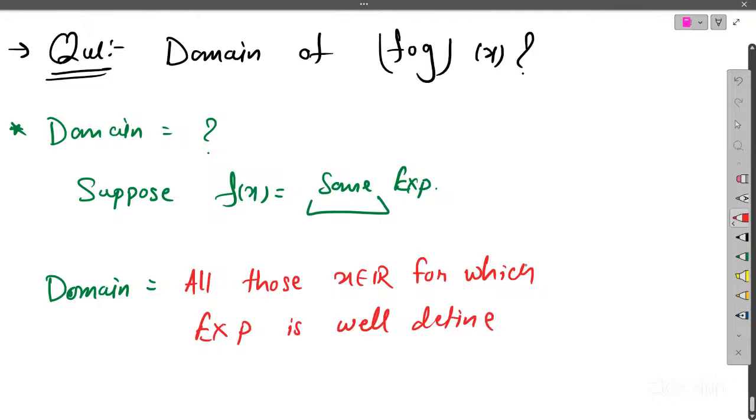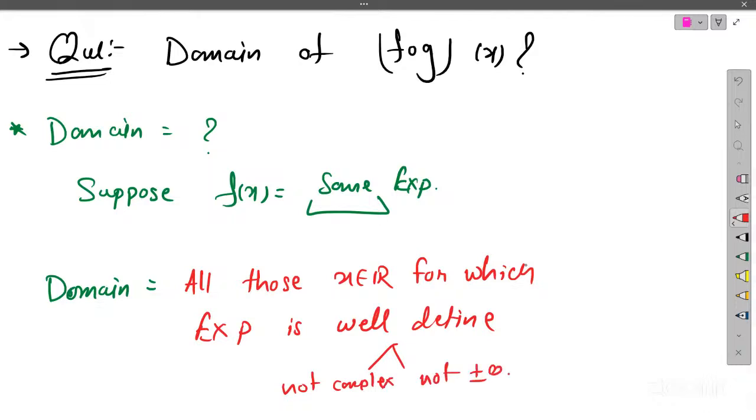Well defined means it should make sense. So it should not give us a complex number and not plus or minus infinity. If these two scenarios are not happening, we can say that for that particular real number, the expression makes sense to us, or it is well defined.